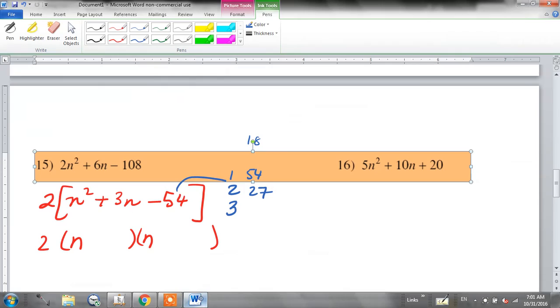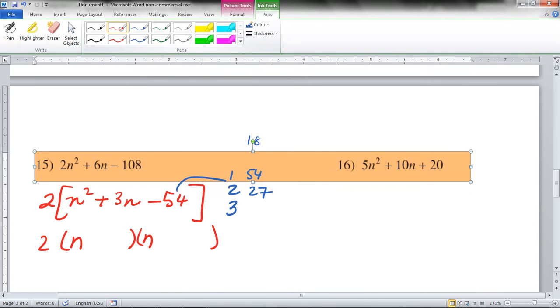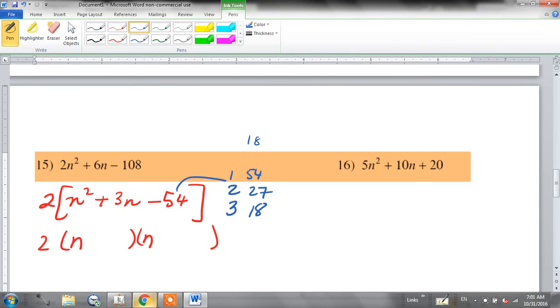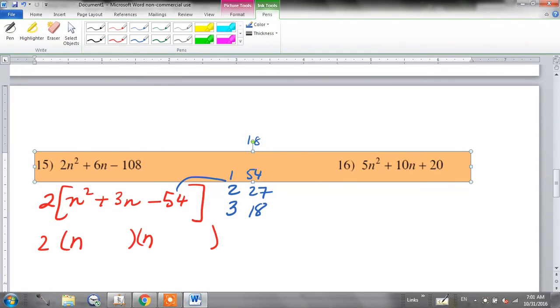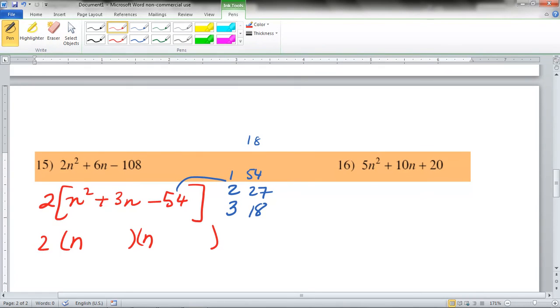Okay, that's correct. So that's 3 and 18. And then 4. Is 4 going into 54? 54 divided by 4? No, it doesn't go. How about 54 divided by 6? Because I know 54 divided by 6 is 9. So it's 6 and 9.